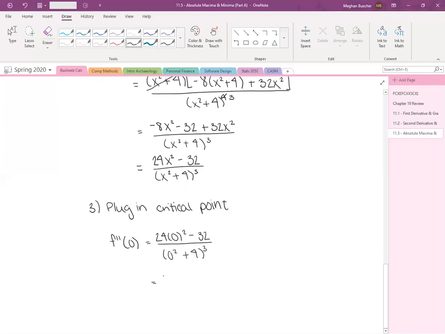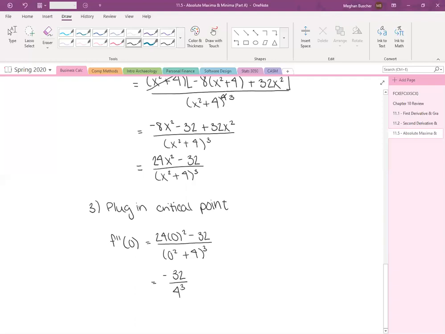So in the numerator we're going to have negative 32. What about this denominator? We're going to have 4 cubed. And that's all the math I'm going to do.